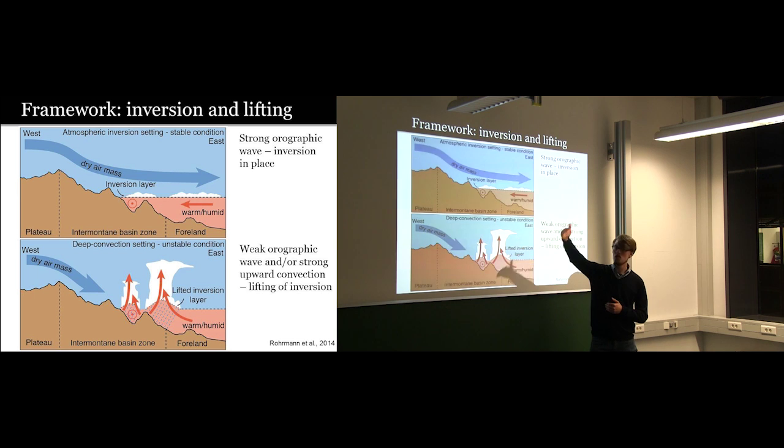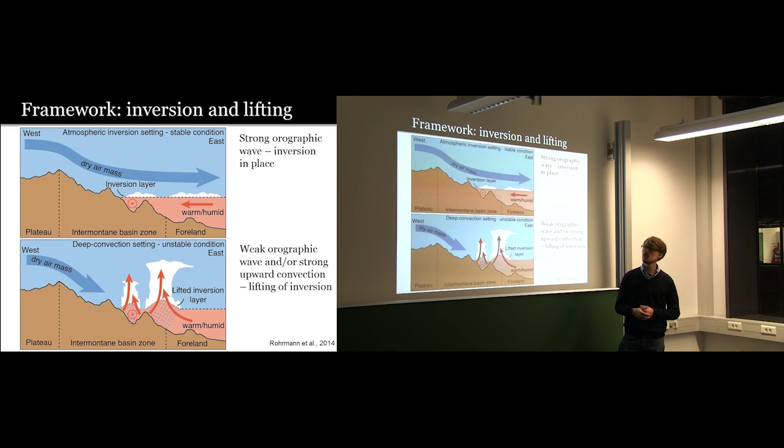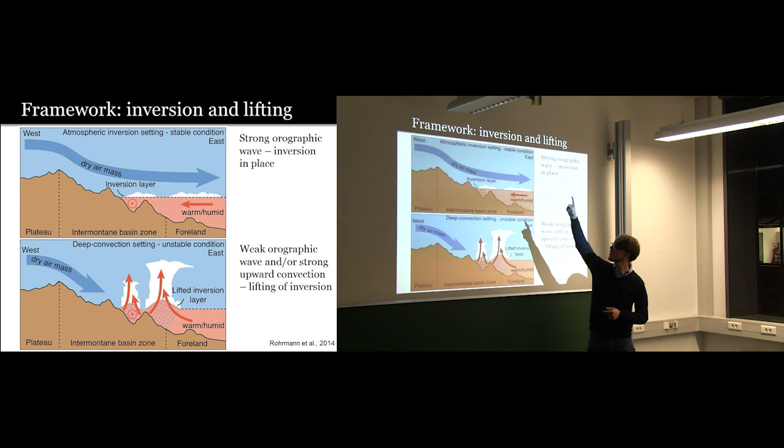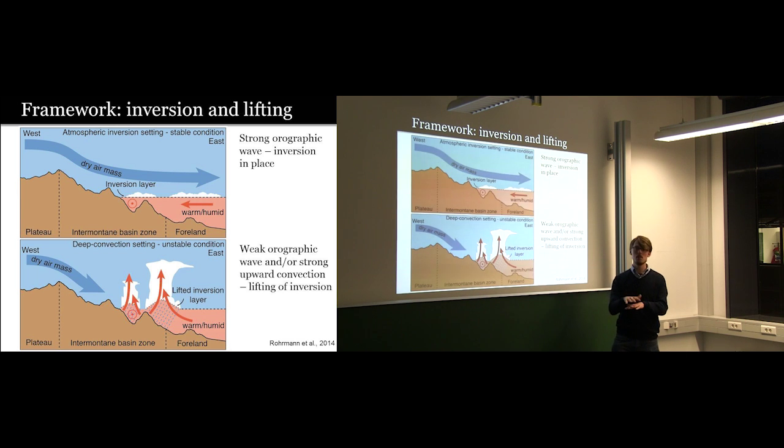However, at the same time, you have this westerly airflow over the Andes that sinks here towards the foreland, suppressing the rise of the lower air masses. And what happens is that you have an inversion layer building right at the interface, where this air mass is trapped below in these intermontane basin zones.